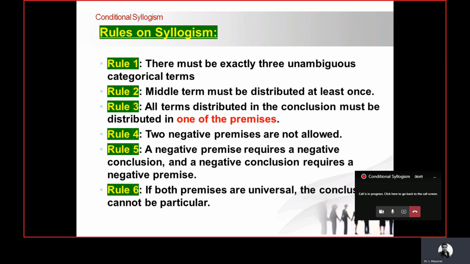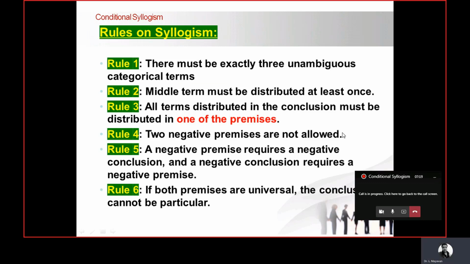Rule number 4, 2 negative premises are not allowed. Rule number 5, a negative premise requires a negative conclusion, and a negative conclusion requires a negative premise. Rule number 6, if both premises are universal, the conclusion cannot be particular.